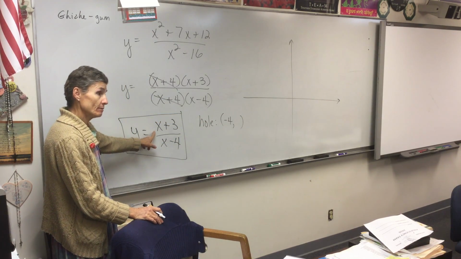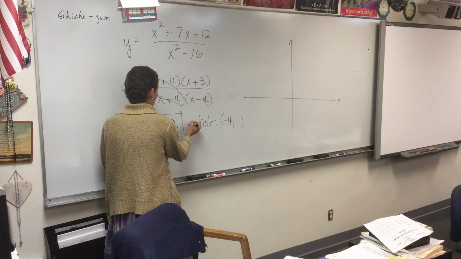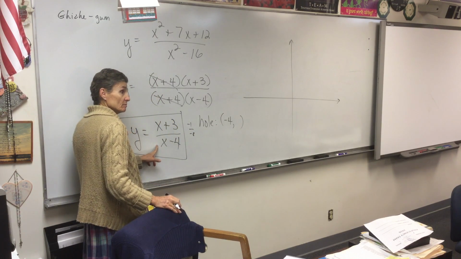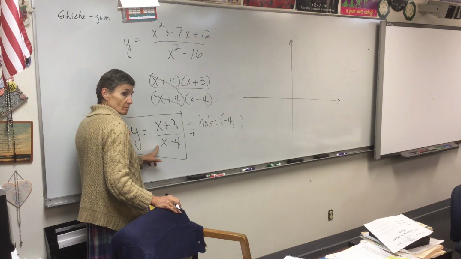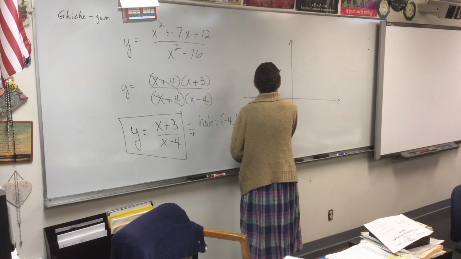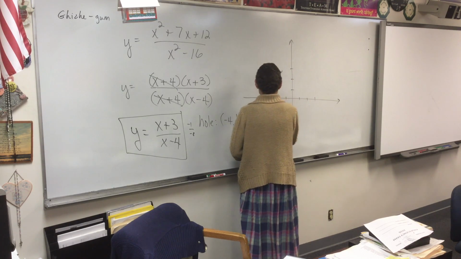Plug it in right here. So if we plug in -4, on top we get -1, and on the bottom we get -8. So my hole is at -4, 1/8.